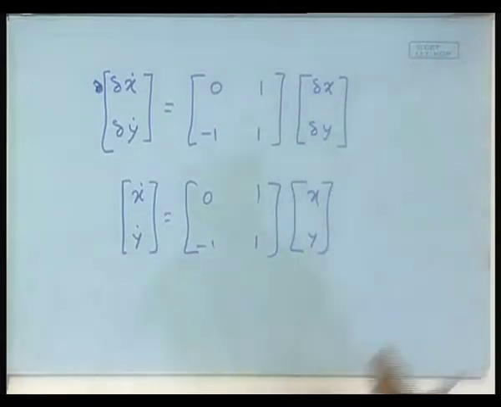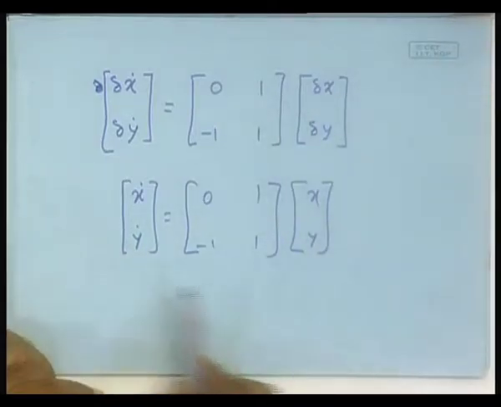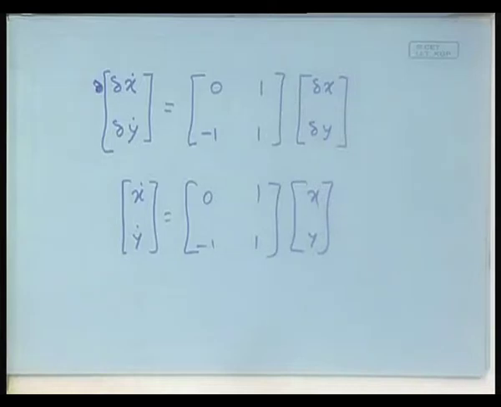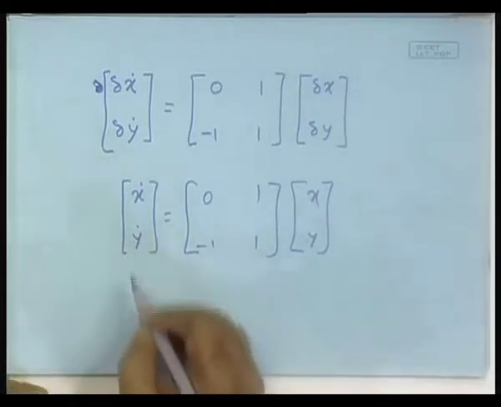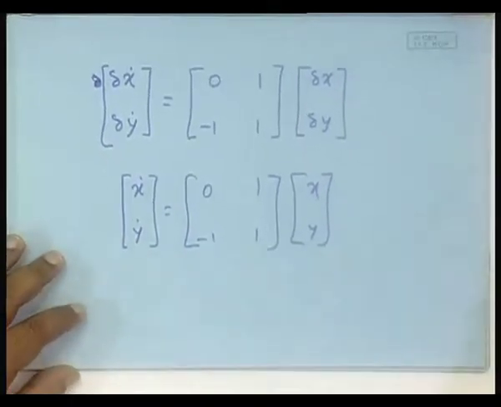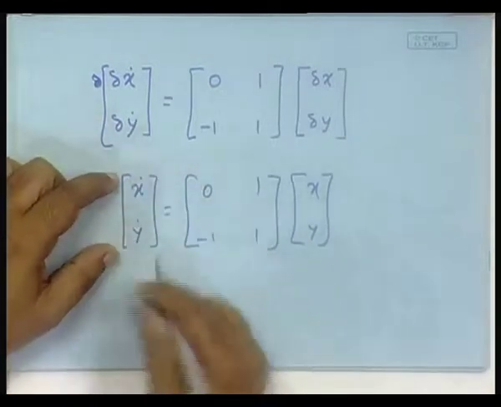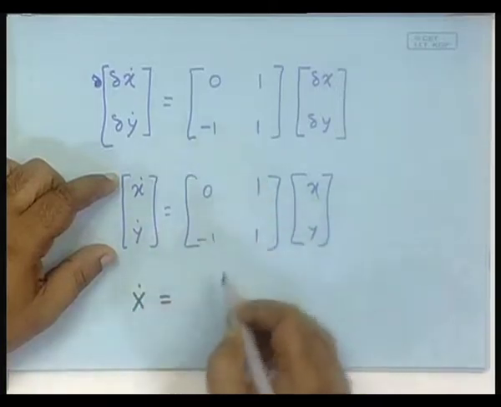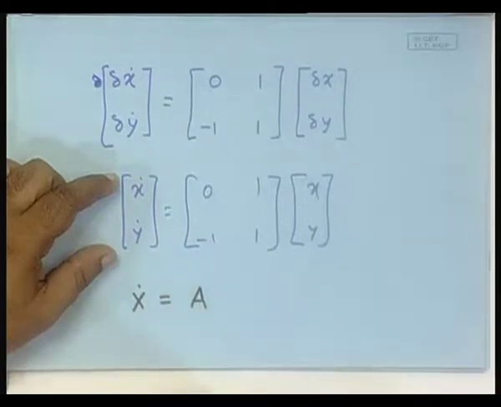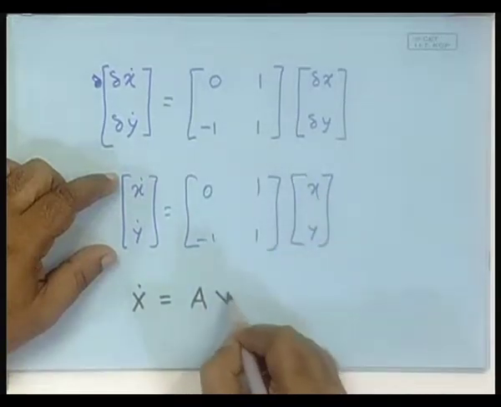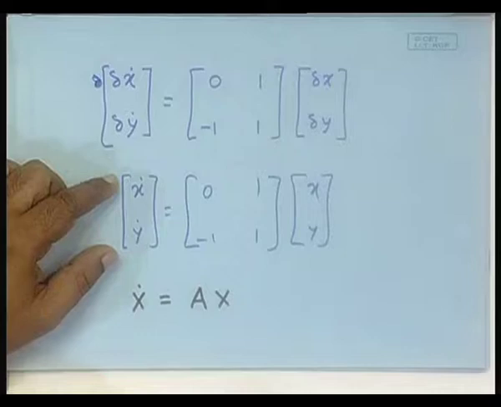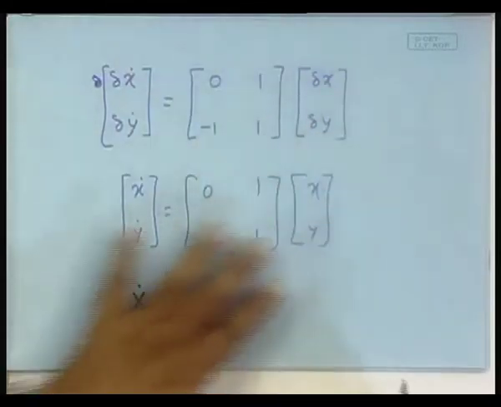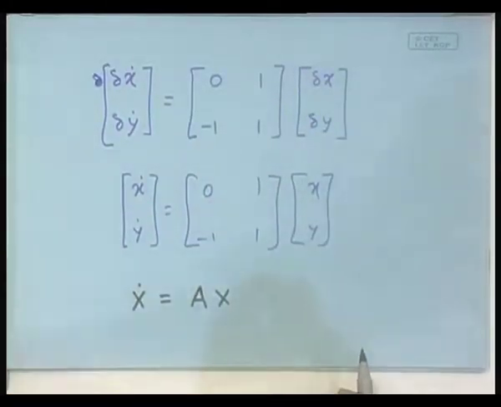Now, this equation would normally be written as the x vector, capital X dot, is equal to this matrix, which would be written as the A matrix, times the x vector. But so far we have not considered the forcing function.